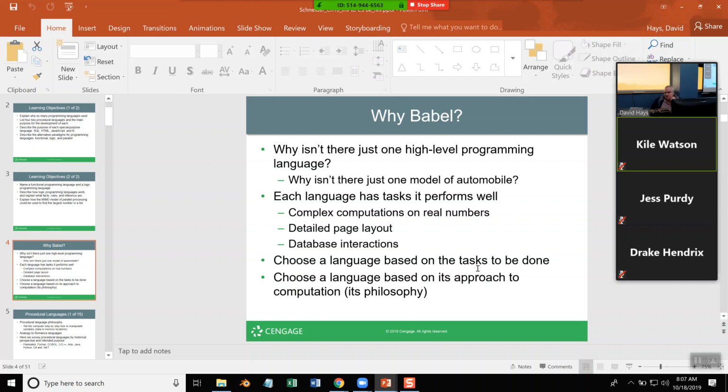So there's just certain ones that are better for certain tasks. Now that doesn't mean if you go work at a place that they're going to have you using 20 different languages. They'll pick some standard ones they go with, because it makes it very difficult if you have to support environments that have 20 different languages.